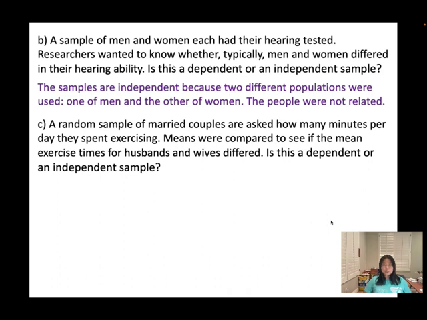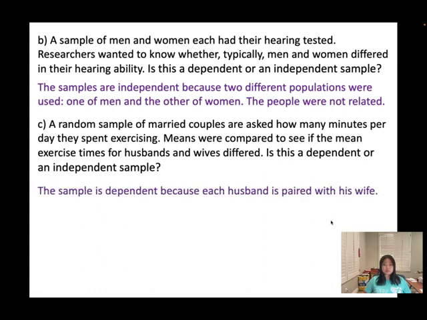C. A random sample of married couples are asked how many minutes per day they spend exercising. Means were compared to see if the mean exercise times for husbands and wives differ. Is this a dependent or independent sample? The sample here is going to be dependent, right?